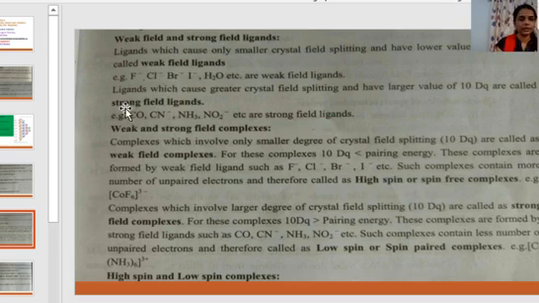Weak and strong field complexes. Complexes which involve only a smaller degree of crystal field splitting are called weak field complexes. For these complexes, 10 Dq is less than pairing energy.